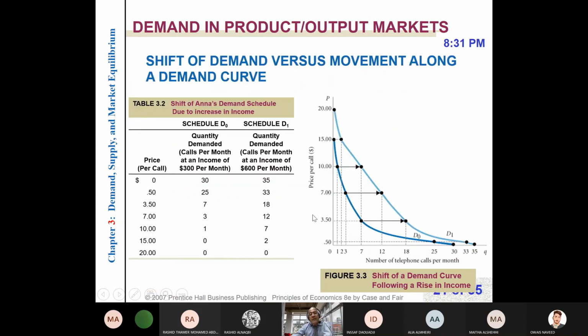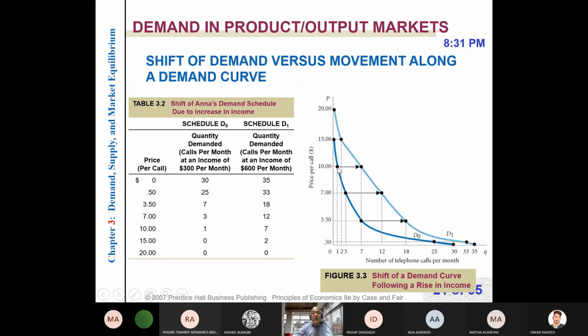So see here, we are at this dot. If there is a change in the price, there will be a change in quantity demanded or a movement along the demand curve.